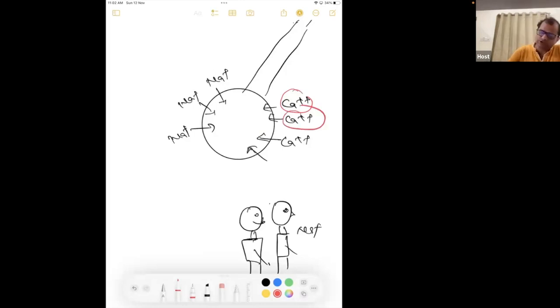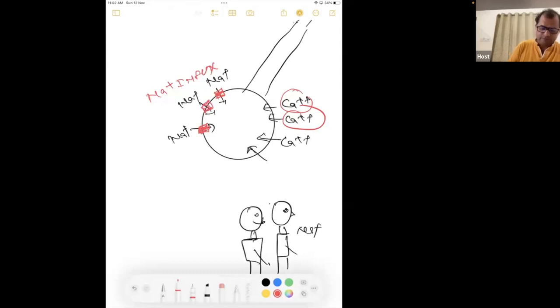So sodium influx is happening here, and because of that, calcium also starts going in. This is the event happening here. So here we have to understand one thing. Sodium is going through one special door.